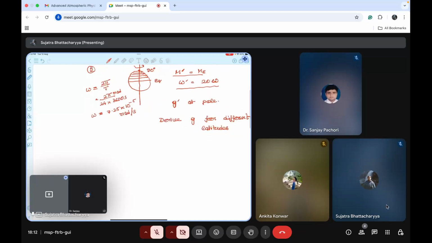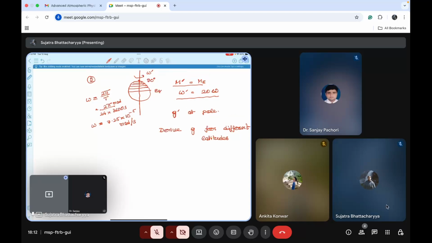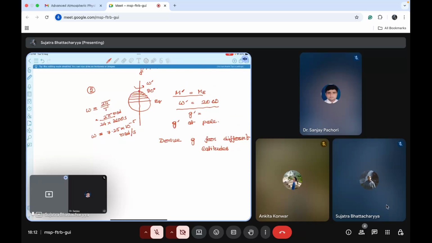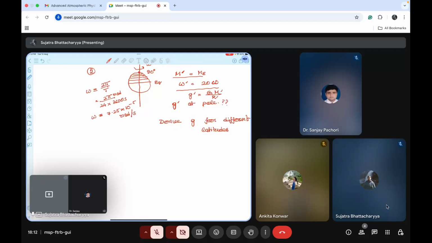So what will be your g dash in general? g dash will be nothing but gravitational constant G m dash divided by R dash squared, where R dash is the radius. But we need to find out g dash at poles, so we need to see how g varies with latitude.